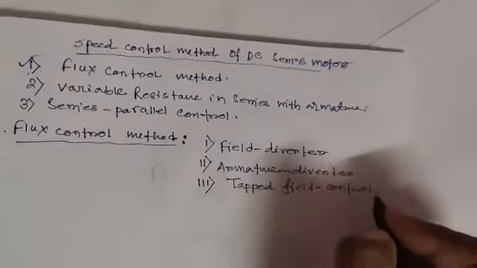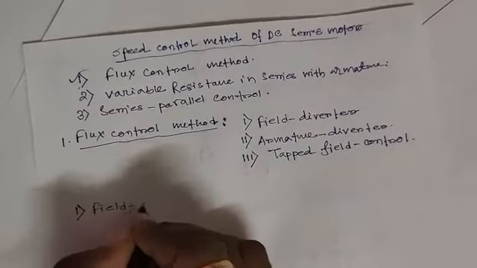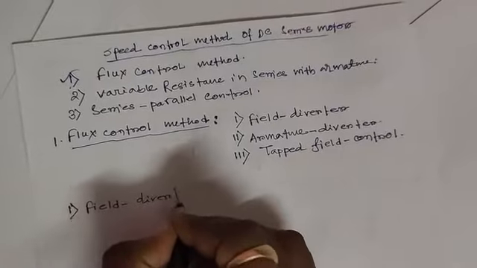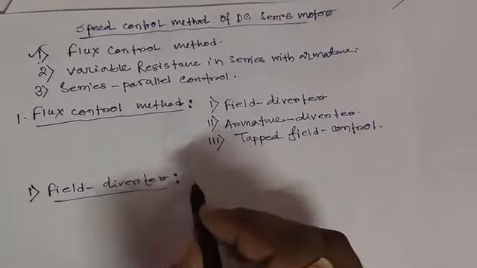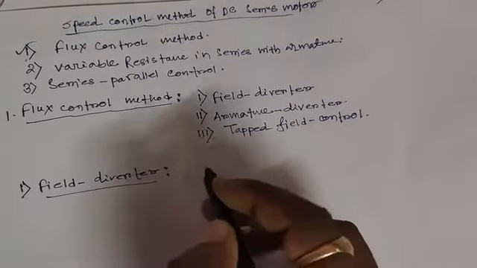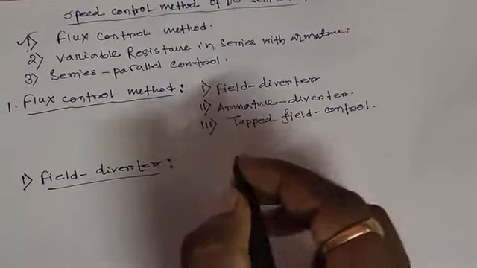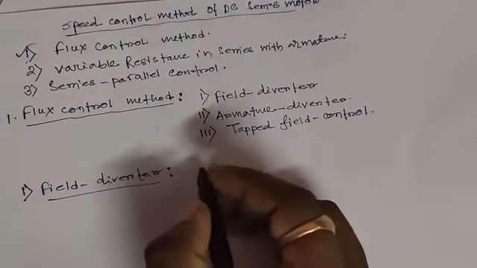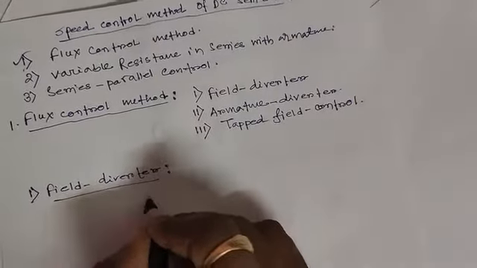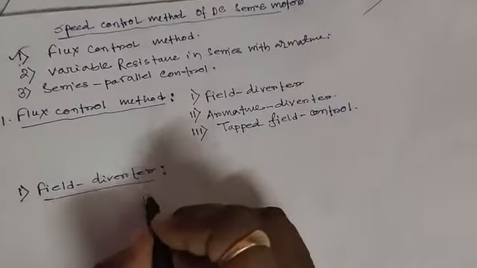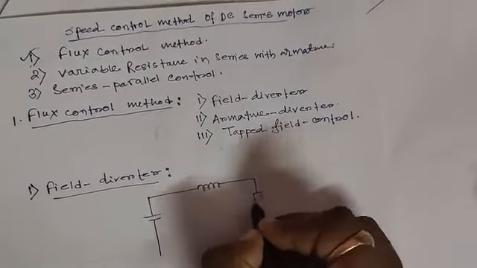First I will discuss the field diverter. What is a field diverter? A variable resistance connected in parallel to the series field. I will draw the field diverter circuit diagram: the supply, the series field, and the armature.